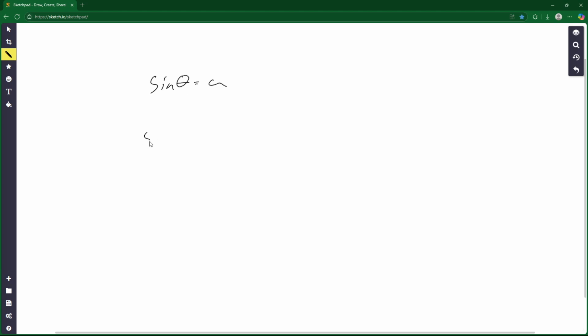The inverse is sine inverse of a, the value that we get from it, is equal to theta. A real quick example would be inverse sine of 1 equals pi over 2. How do I know this? I just need to know what makes 1 from sine. So sine of pi over 2 is going to equal 1.